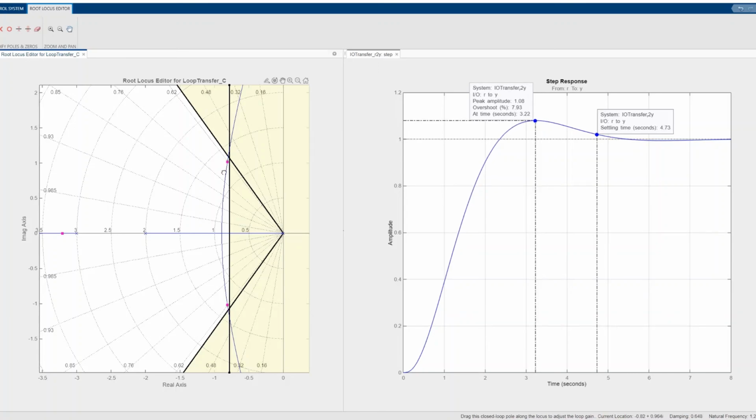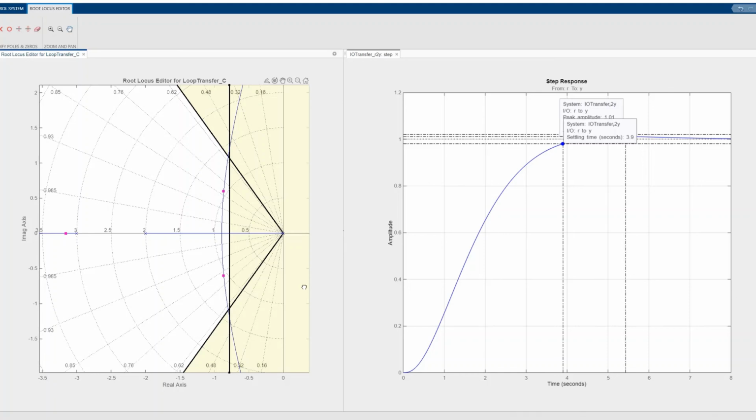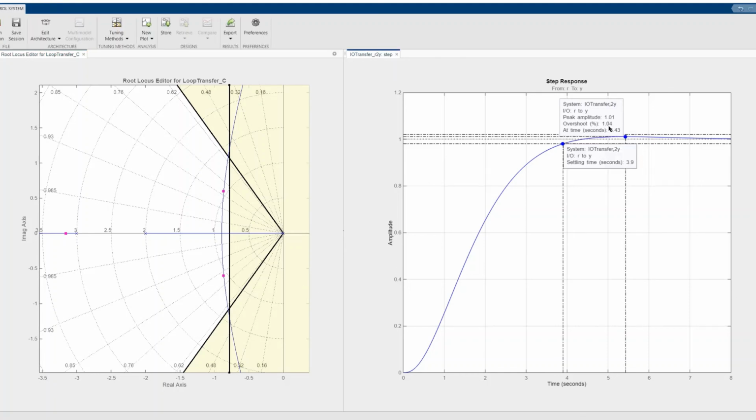It really depends on what you prefer. If I go down here, you will see that the overshoot is almost 1%, and the settling time is approximately 3.5 seconds. It is even better.